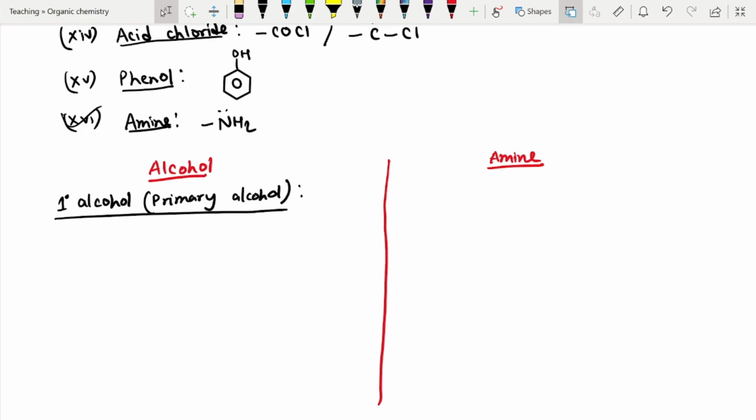In 1-degree alcohol, on the alpha carbon we will find two hydrogens. For example, CH3 bond CH2 bond OH. This is ethanol, right? So here we can see that there are two hydrogens on the alpha carbon, so this is primary alcohol.